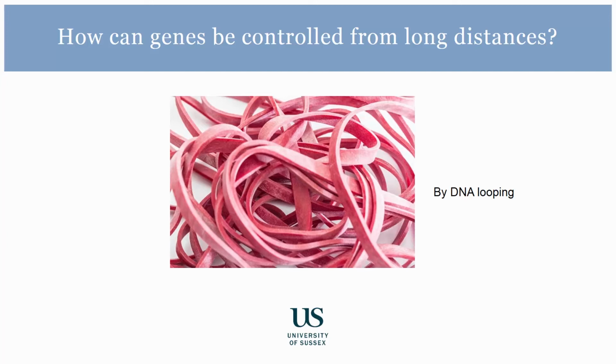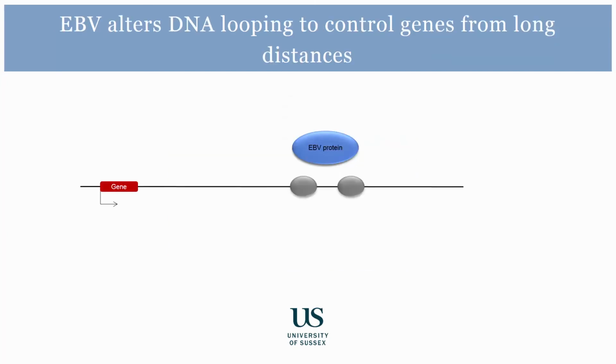And we found out that EBV affects the looping arrangements between these long-distance control centers and the starts of genes. So this is our EBV, this is our gene, which is a long way away, not that far away. I haven't got a giant screen, so you'll have to bear with me on the distance. It can be much, much further away than that.